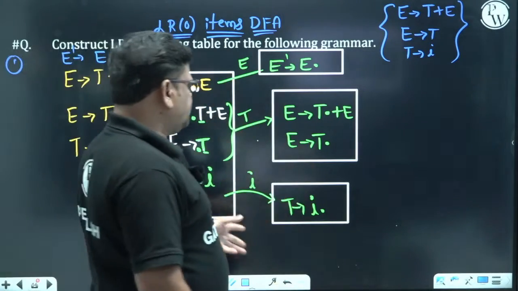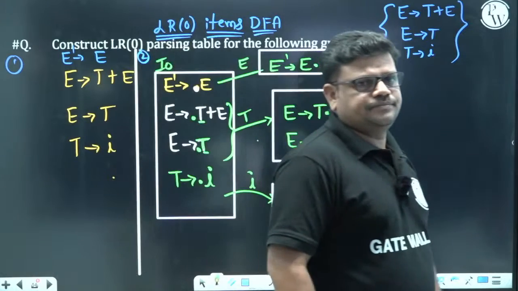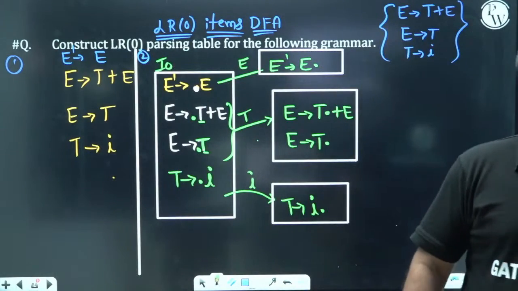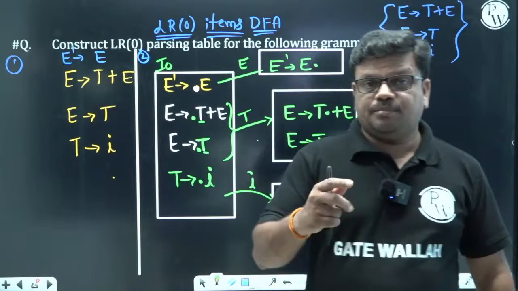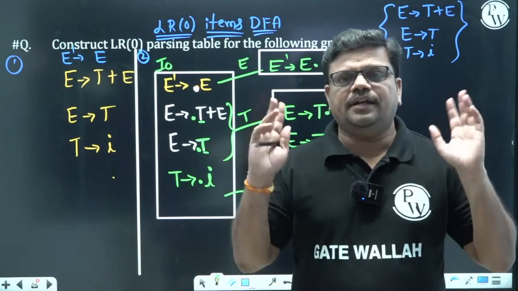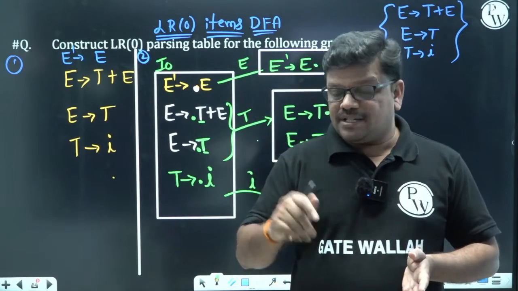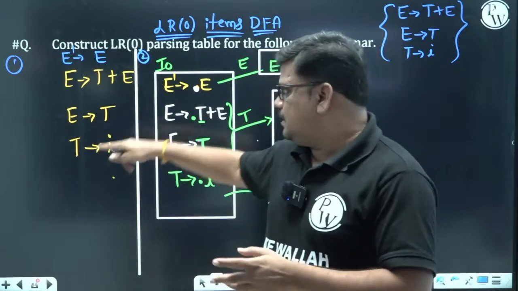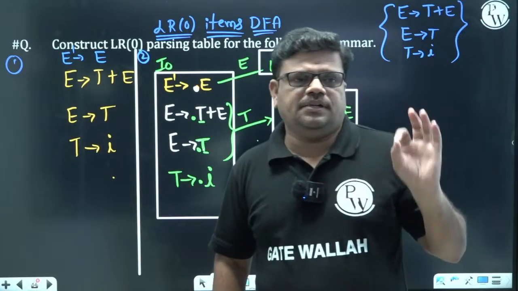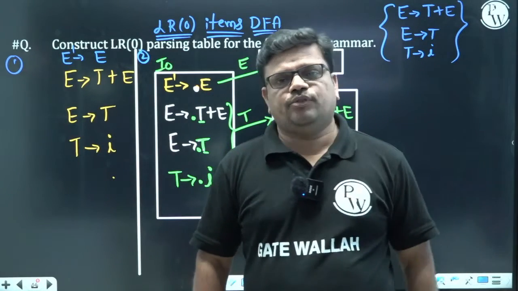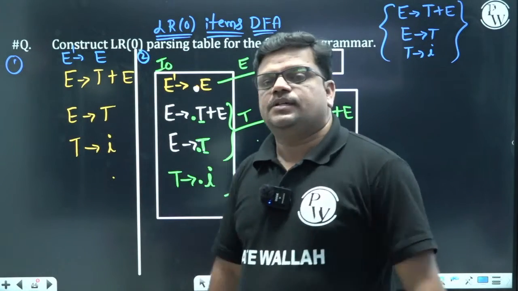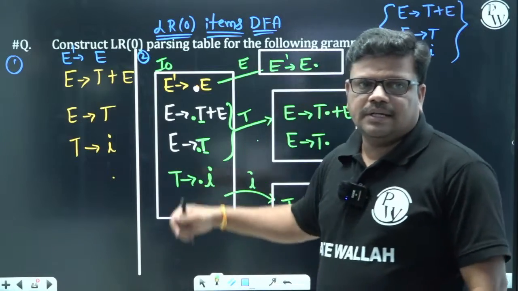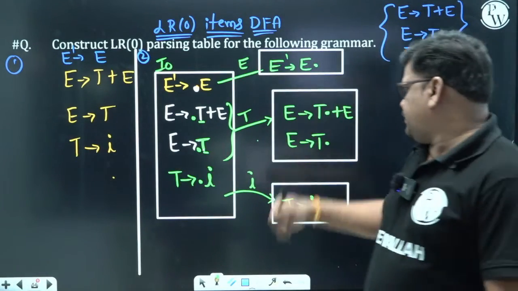For GATE, students generally need not construct tables while solving questions, because of space issues; the table structure is not required. This DFA is sufficient, and from the DFA we can answer all possibilities. So we have to practice more on constructing this type of DFA.